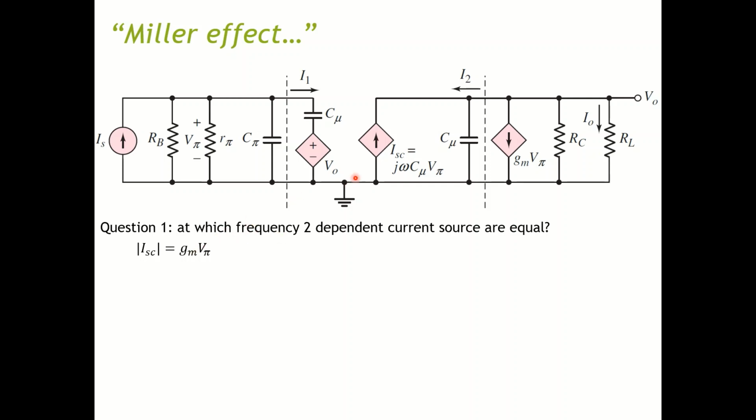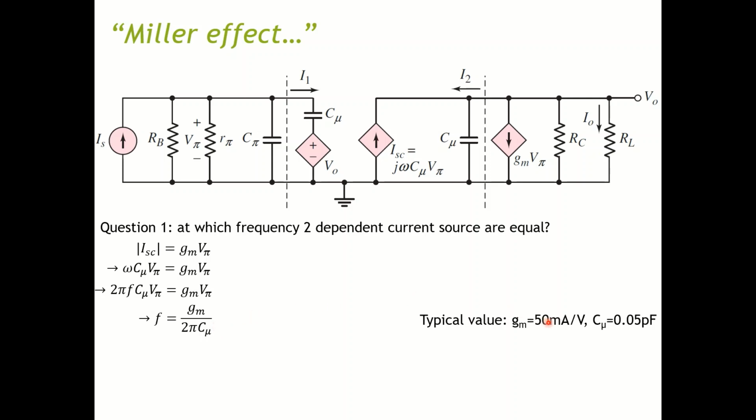So first I can assume that the magnitude of this current equals the magnitude of this current. So I have this equation here. This magnitude is basically omega C mu multiplied by V pi. I can write omega as 2 pi f easily. Then I can move everything else except for f over to this side. The V pi cancels out and I have this equation.